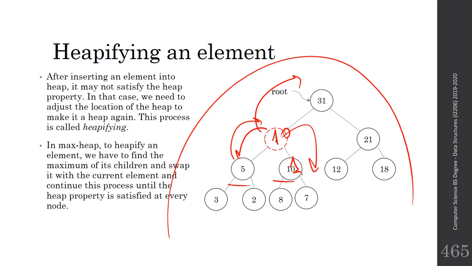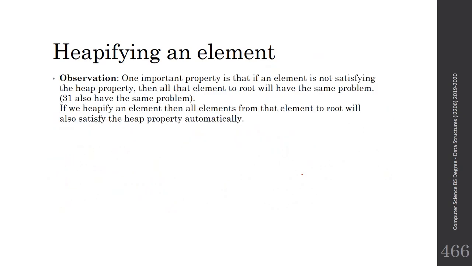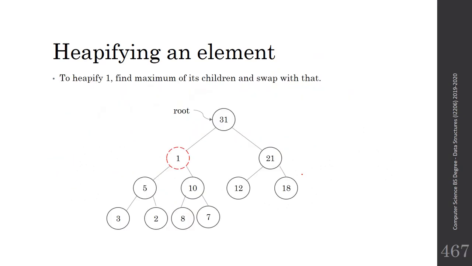We take an element and we try to push it down into the tree in order to verify the heap property. So this is the observation. What we will do is find the maximum of its children and swap with it. So we will find 10, we will swap.